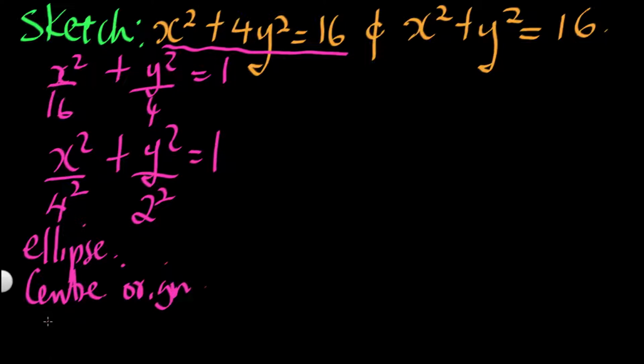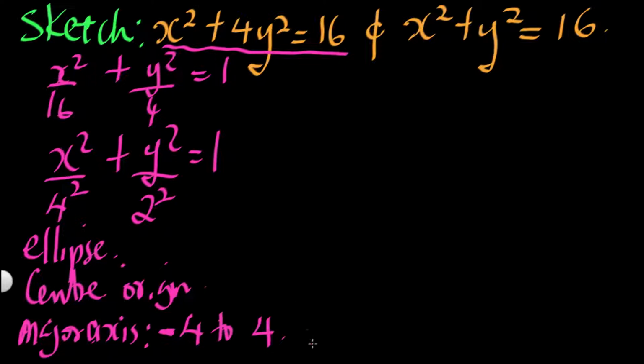It has a major axis, which is 8 units long, from minus 4 to 4. This is the major axis of this ellipse. Then the minor axis is from minus 2 to 2.